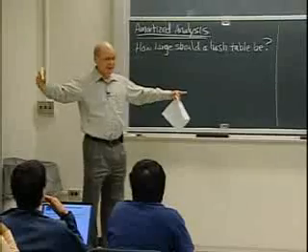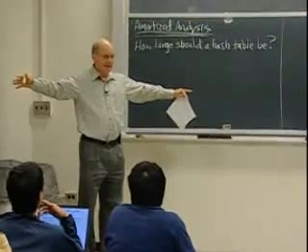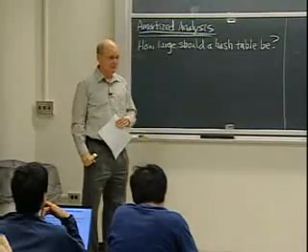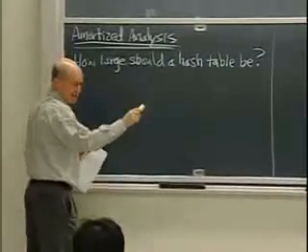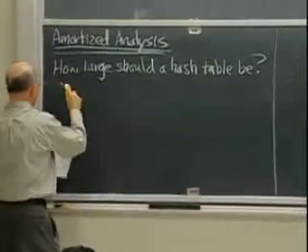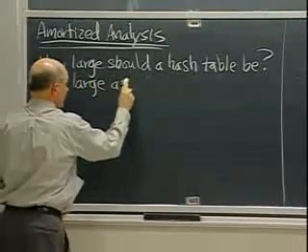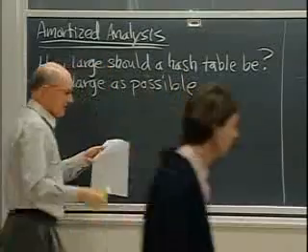The bigger I make it, in fact, if I make it sufficiently large, then I essentially get a direct access table and everything's worst case order one time. So in some sense, we'll get back to your answer in a minute, we should make it as large as possible, so that the searching is cheap.